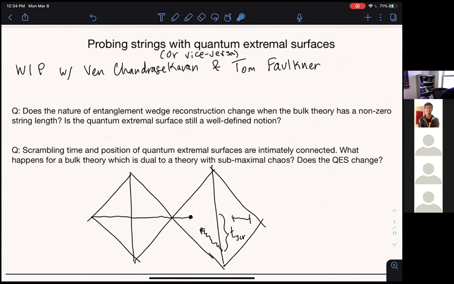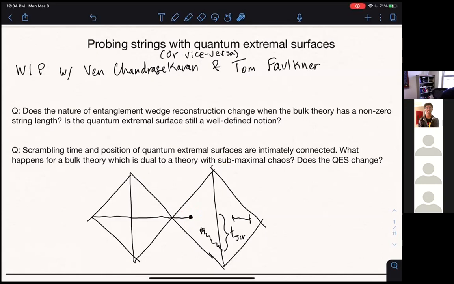But there's this interesting thing that the position of the quantum extremal surface is intimately tied to the scrambling time, a notion that comes from studying quantum chaos in the boundary theory and computing so-called out-of-time-ordered correlators. We were also interested in what happens for theories which are not maximally chaotic.